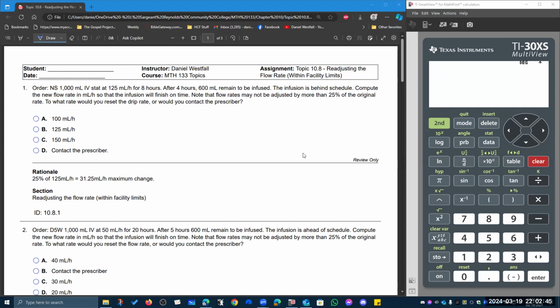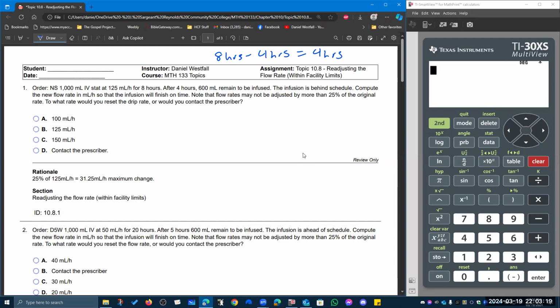We have 1,000 milliliters to be delivered by IV at 125 milliliters an hour for 8 hours. After 4 hours, meaning we have 4 hours left, we take 8 hours minus 4 hours to get 4 hours remaining for this infusion. 600 milliliters remain to be infused.